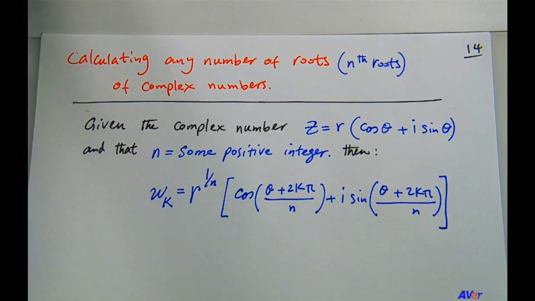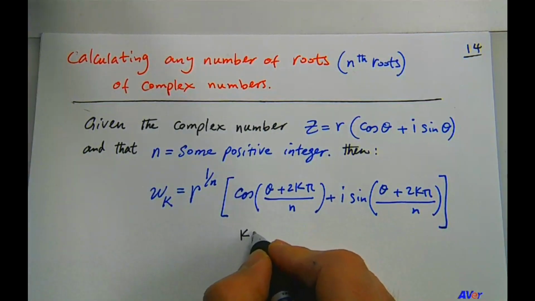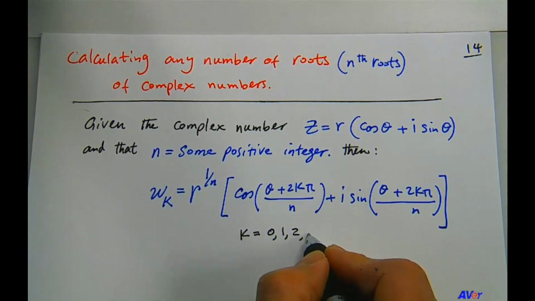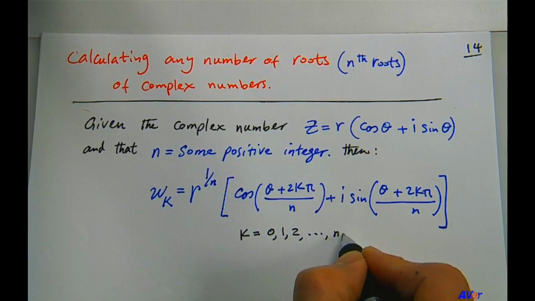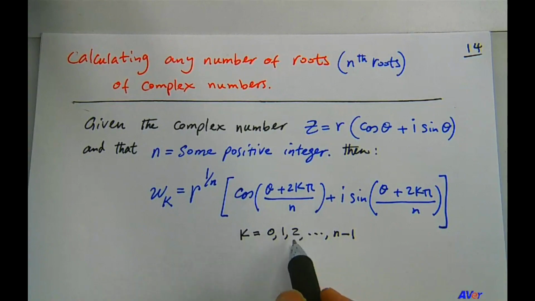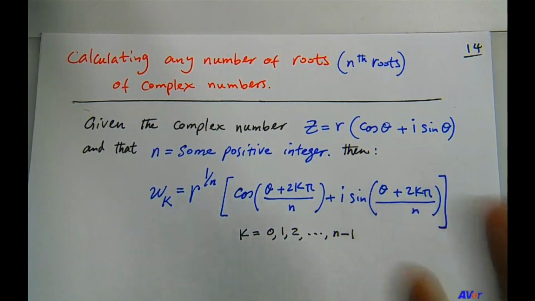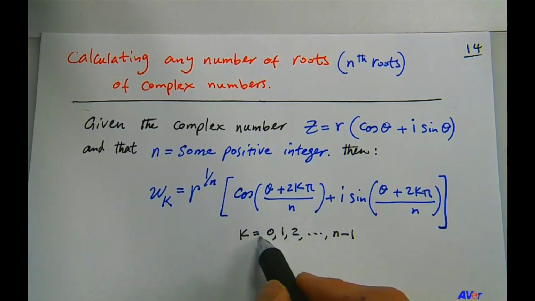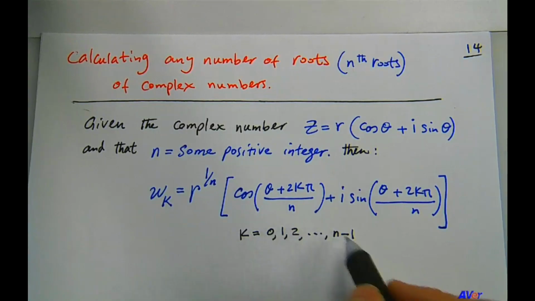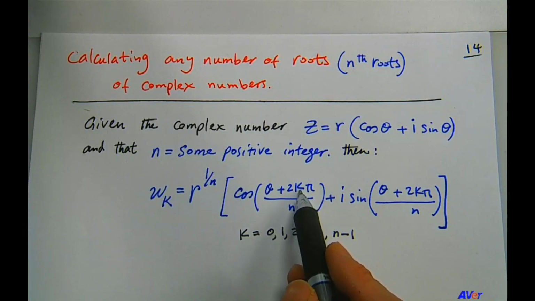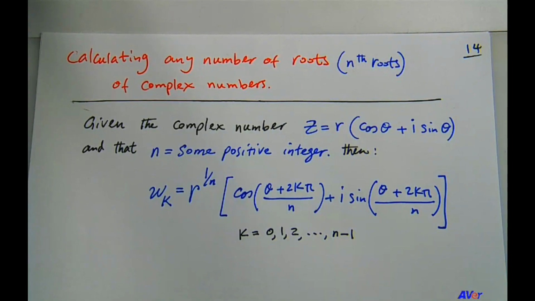Okay, and here k is any integer: 0, 1, 2, all the way to n minus 1. So if you're looking for 5 roots of some complex number, k has to go from 0 to n minus 1, because we're counting k equals 0 in this formula as one of those roots.